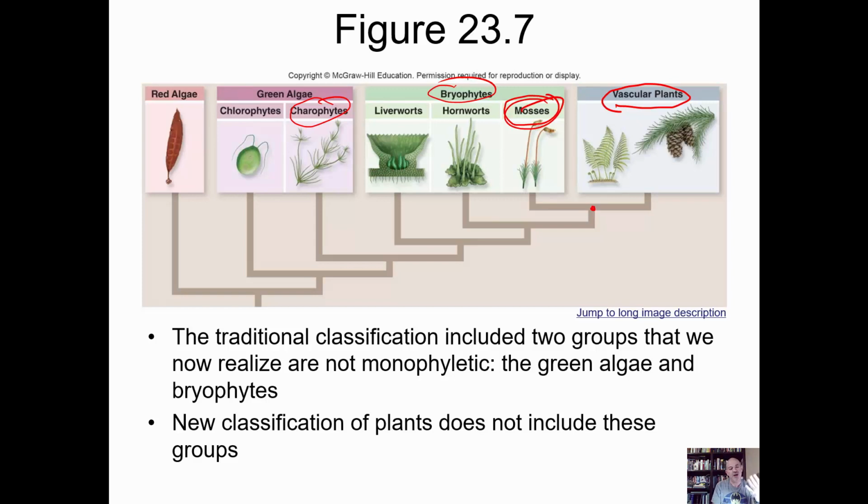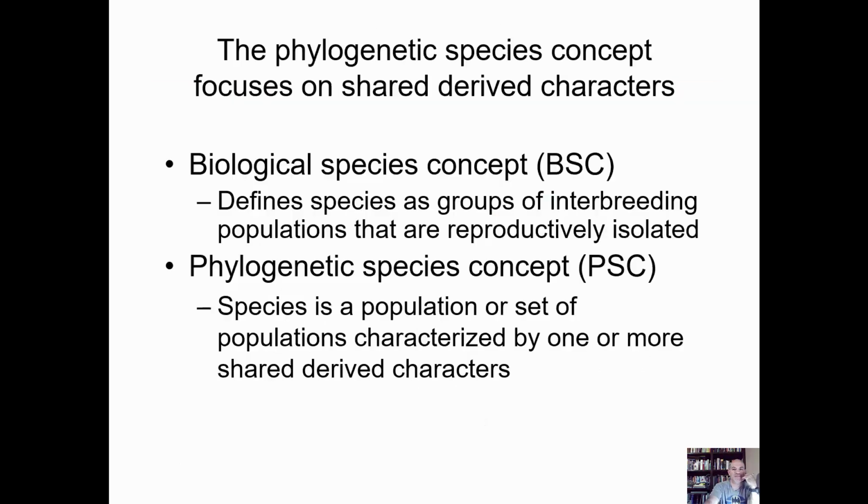So pay close attention when we cover groups, and the textbook, my notes, or this lecture tells you this is a paraphyletic group. We want to make that connection that we're talking about a classification of these organisms that we're studying together, but it doesn't include all of the descendants of that common ancestor.